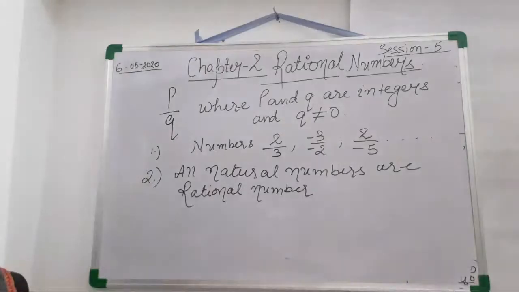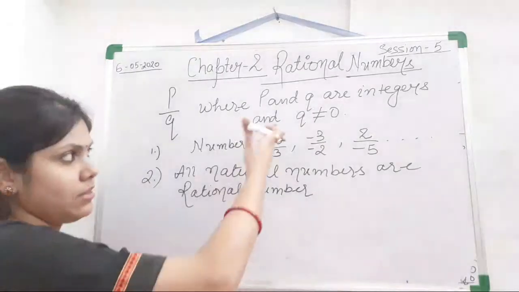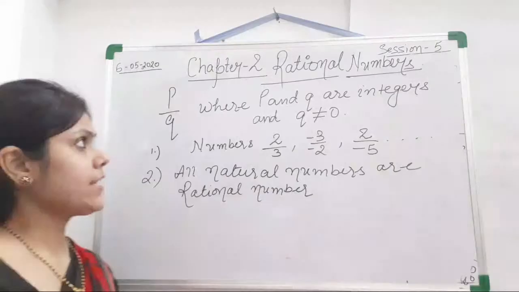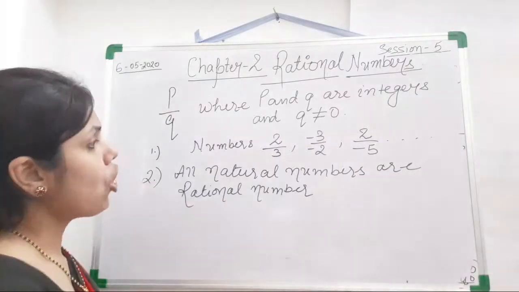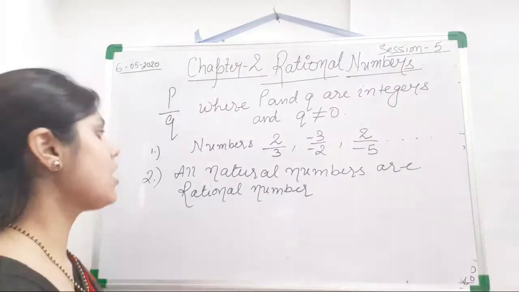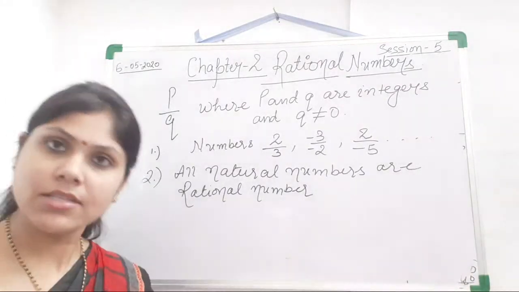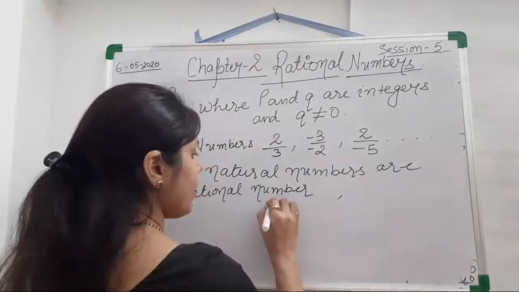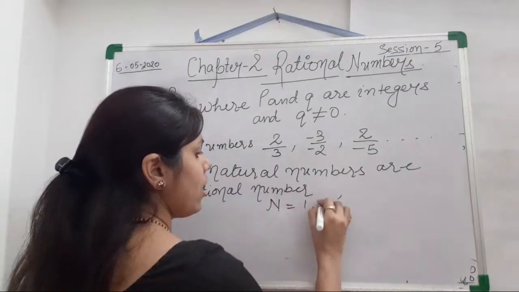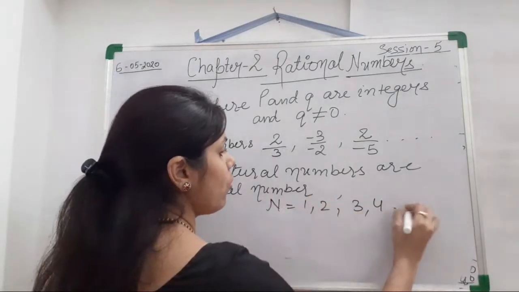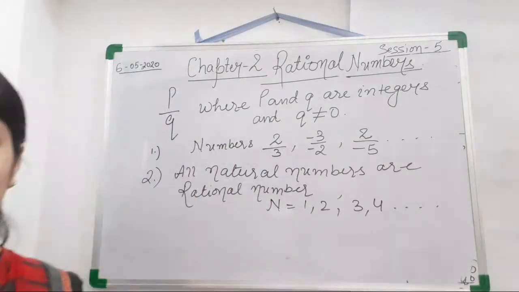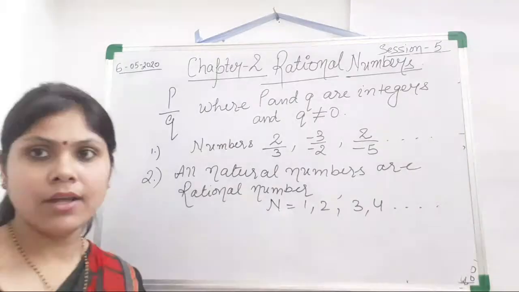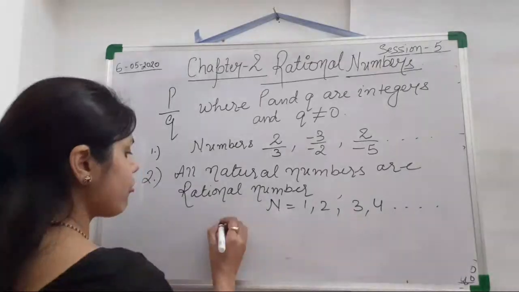First one I already explained to you. Numbers in this form will be called rational numbers. Second, I have written here, all natural numbers are rational numbers. Let us see how. Natural numbers are n equals 1, 2, 3, 4 and so on.